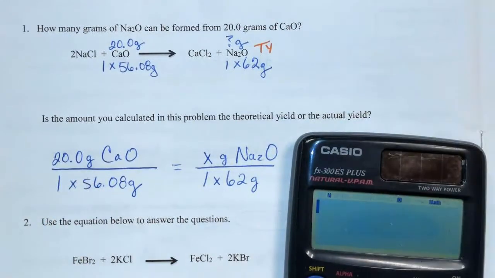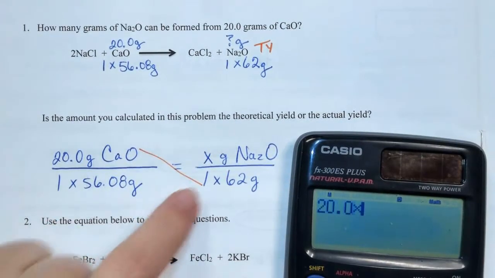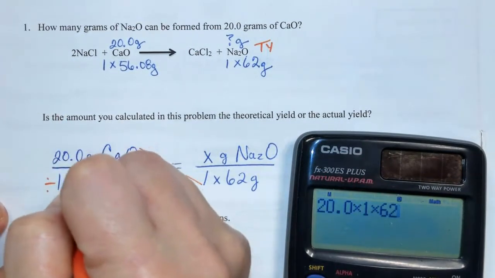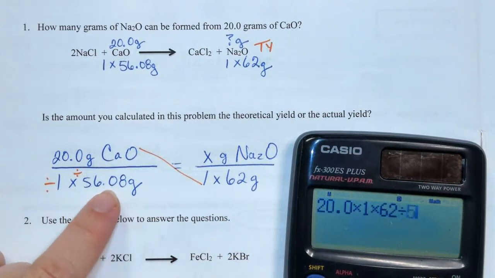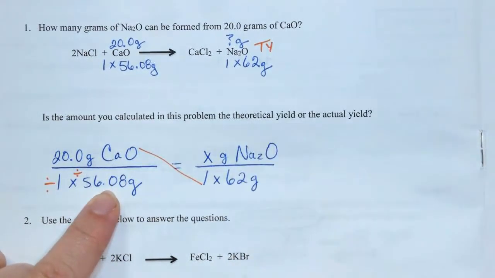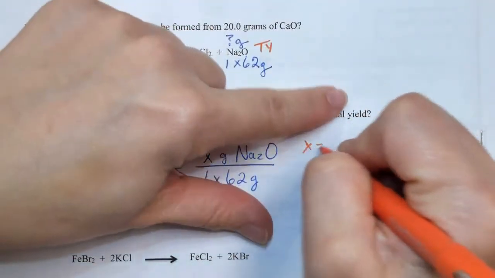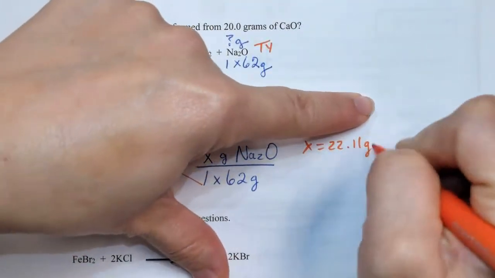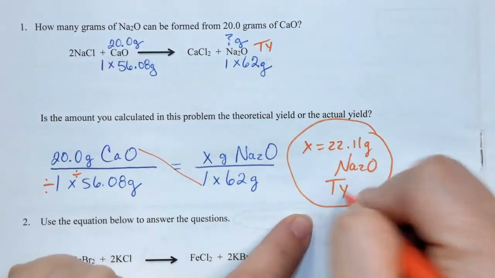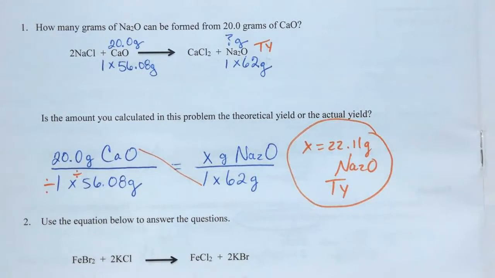We will solve this proportion by cross multiplying here, 20.0 times 1 times 62, and then dividing by 1 times 56.08. And that's going to get me 22.11. So X equals 22.11 grams of Na2O. And again, this is a theoretical yield that we just solved for.